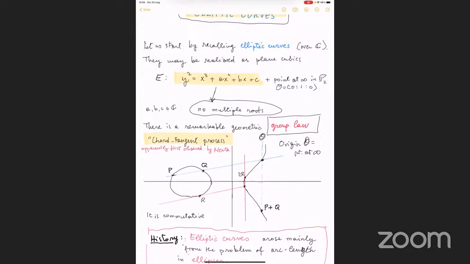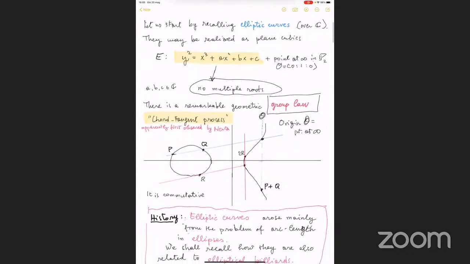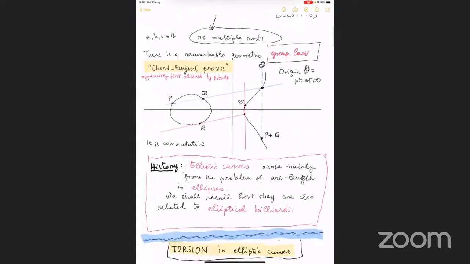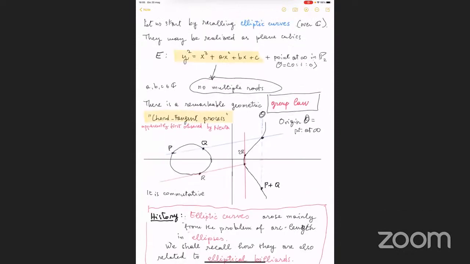The main point for us is the group law. Each of these curves has a commutative group law, which may be explained geometrically and is known as the chord and tangent process, apparently first observed by Newton.